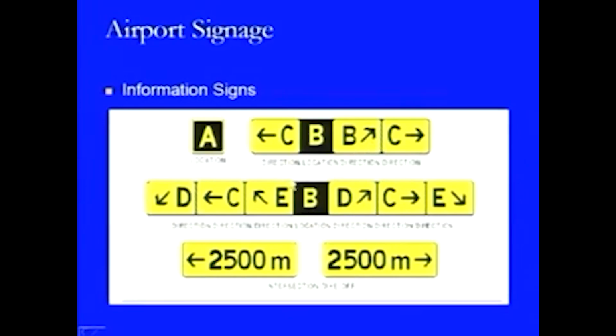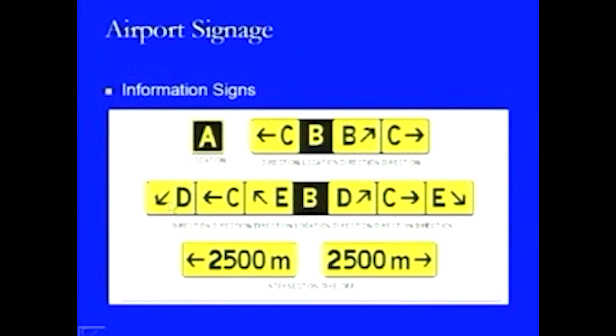In case there are a large number of connections going away from that particular location, there may be a combination of a direction sign pointing backward, or a direction sign going towards the left-hand side, or a direction sign going to the front but at an angle, then the location at which this is placed, and further the same sort of condition on the right-hand side.